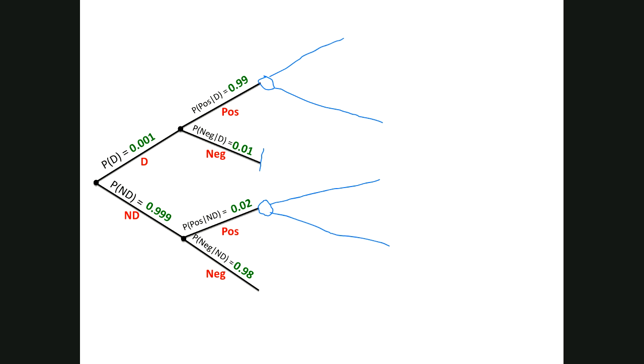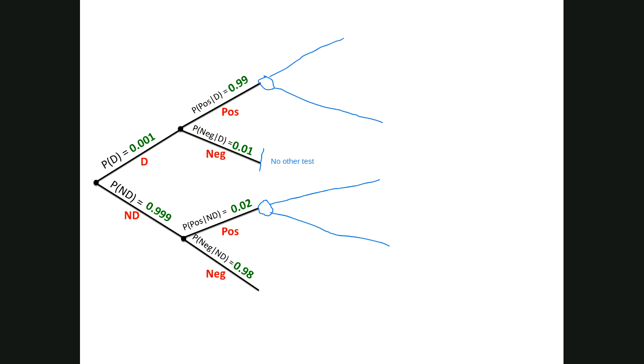And what happens at the end of this branch? Well, what you need to ask yourself is what happens in this branch? The person has the disease, but there's a negative test. And in this case, there's no other test. So the tree ends at that case.